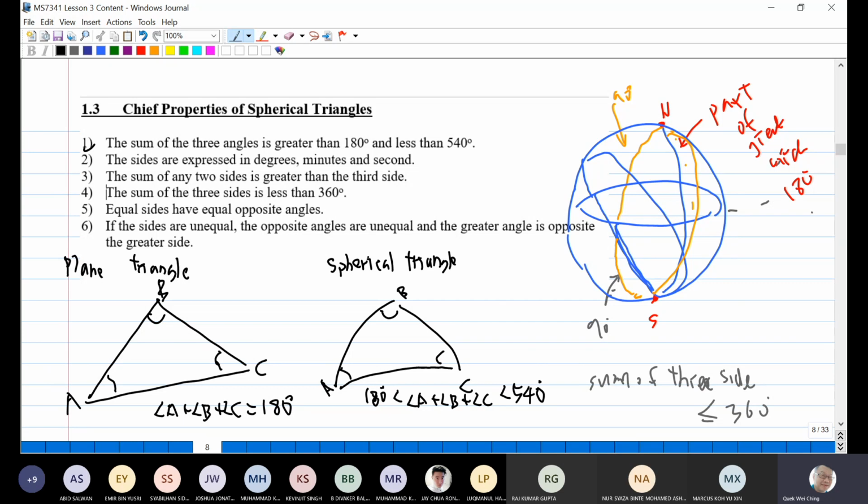So how is it that you have a three-side, three-angle triangle with angles greater than 180? Of course, you can measure it. And the three angles added together are less than 540 for the spherical triangle.